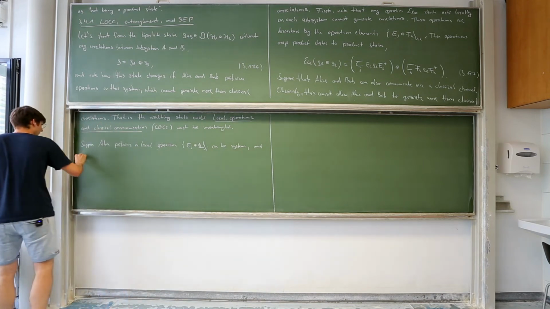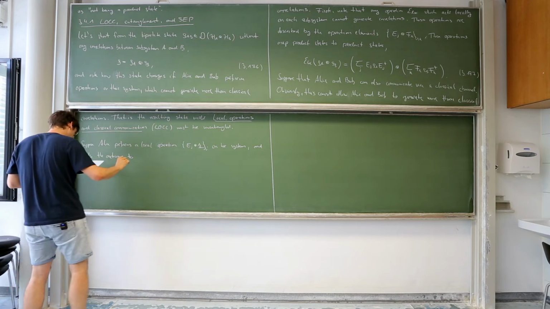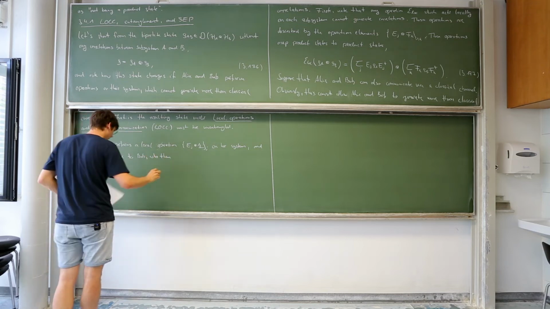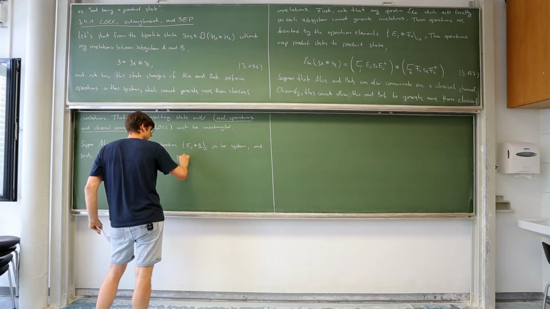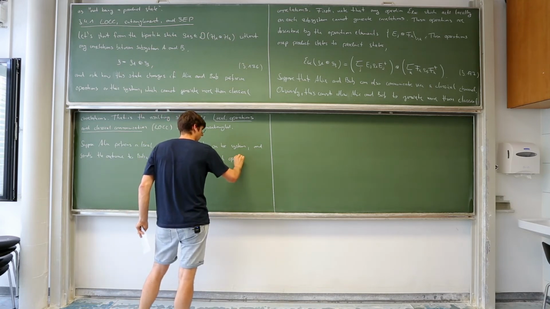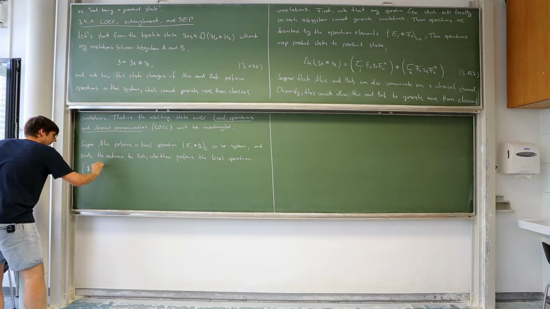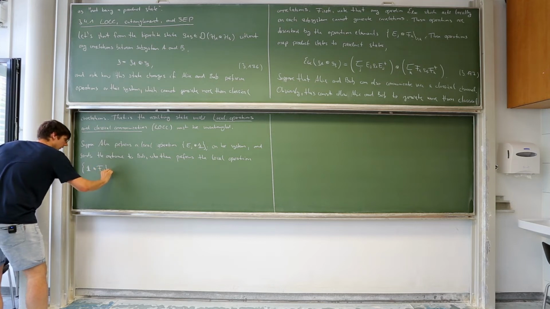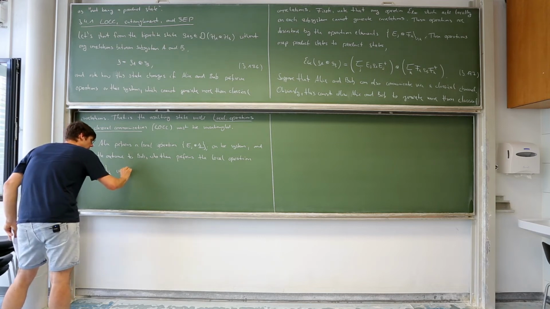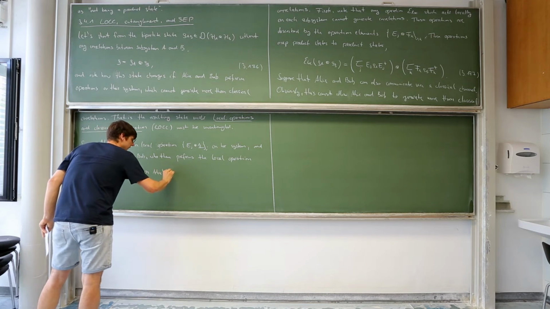And she sends the outcome to Bob, who then performs the local operation F_JK conditioned on Alice's message.